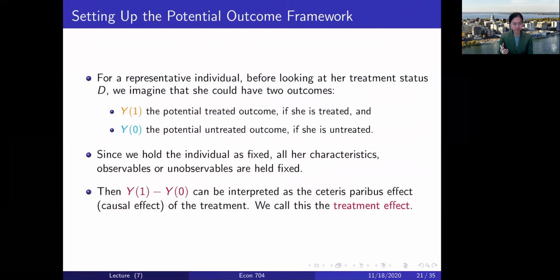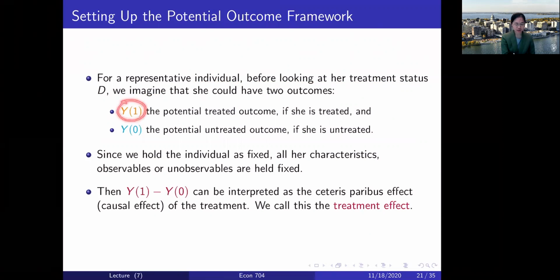So what are potential outcomes? Now imagine one individual, a representative individual. Let's not look at her treatment status, D. For now, we don't care about whether she was treated or not. But we can imagine two outcomes for the person.